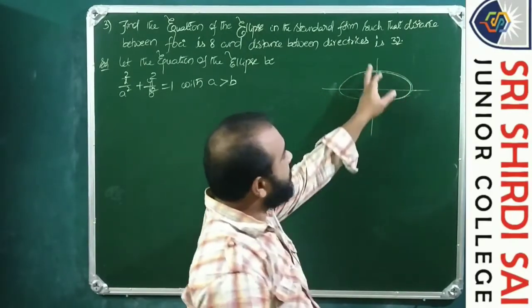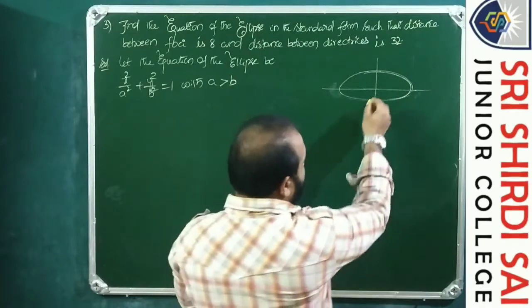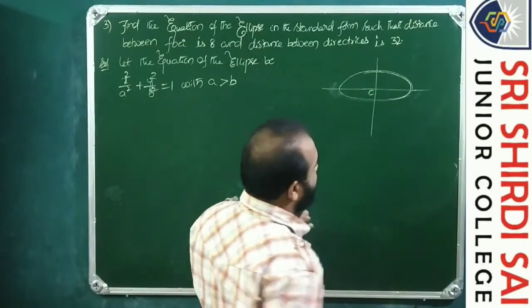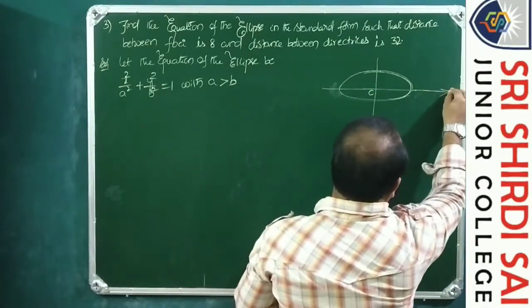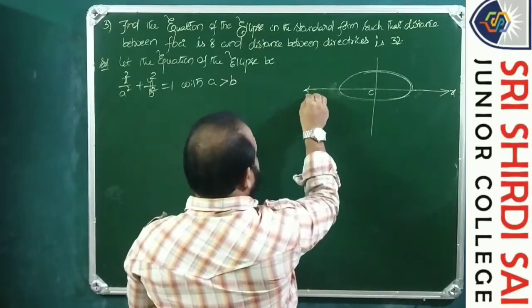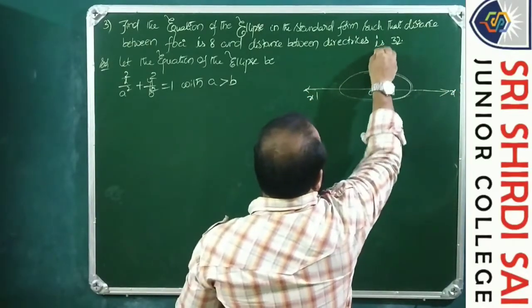Since this is the standard form of the ellipse, its center is at the origin. This is the coordinate axis x dash. This is y dash.